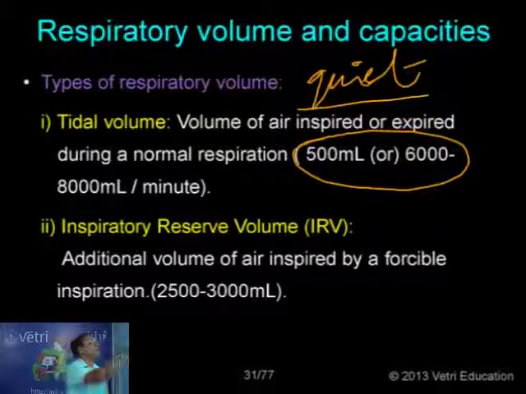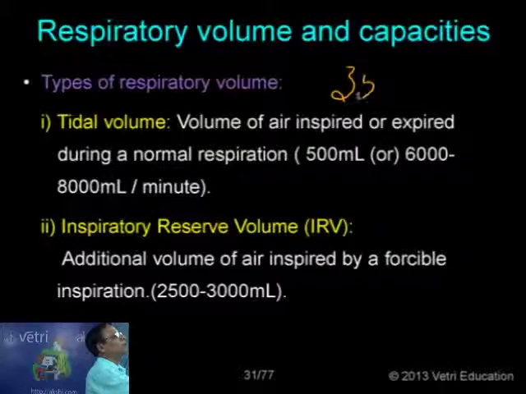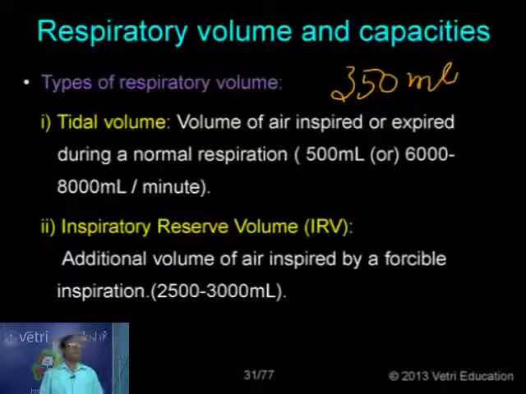But out of this 500 ml of air, what is the volume of air that reaches the lungs? It is only about 350 ml. So the volume of air that actually reaches the lungs is 350 ml out of the 500. What about the remaining 150 ml?